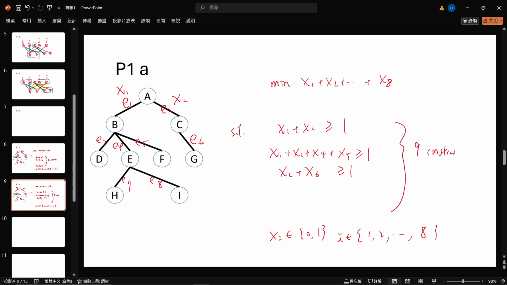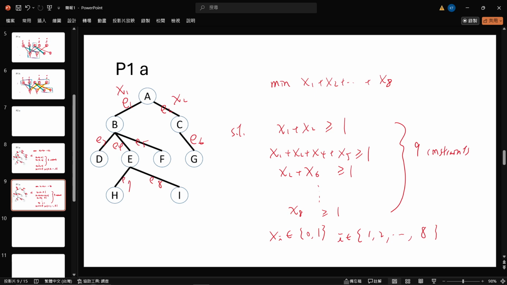Okay, so the last one is to make sure that vertex I is covered. So we have x8 is at least 1, okay? So by just looking at the last constraint, x8 is at least 1, and we also have the binary constraint. So immediately we know that E8 must be chosen, okay?